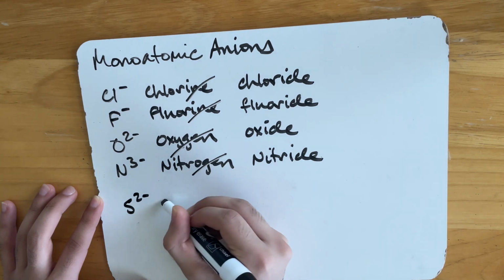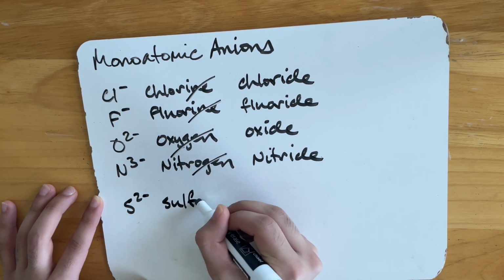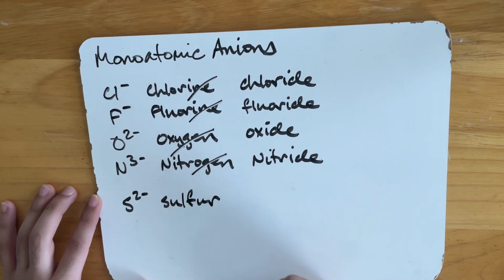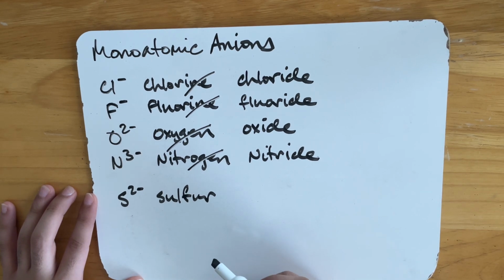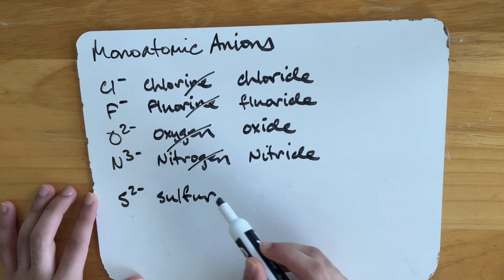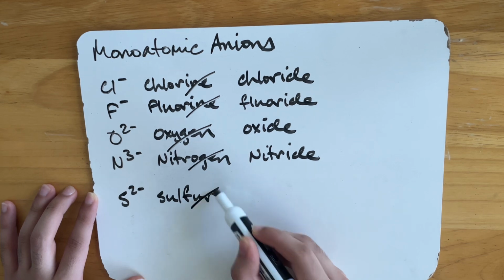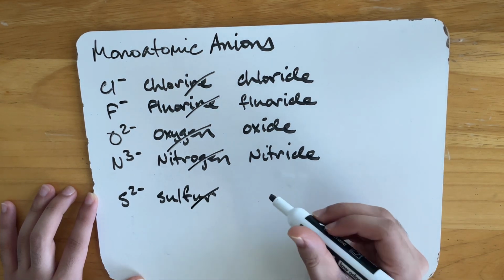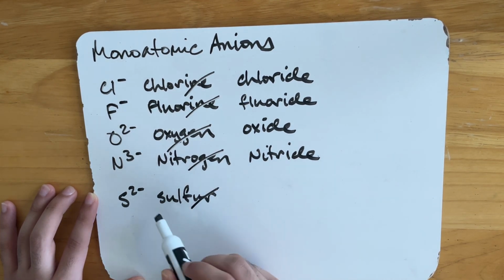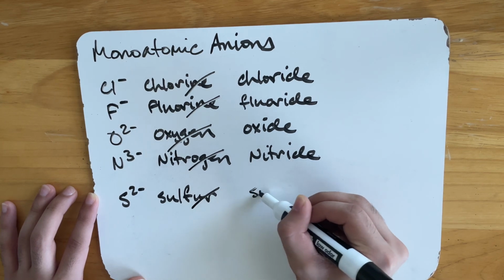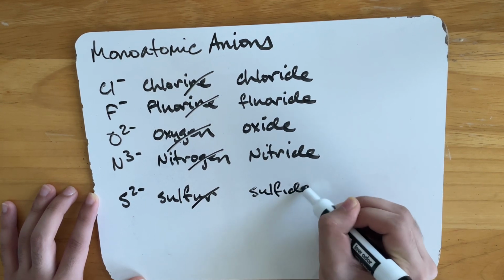We normally would write sulfur. The ending we take off isn't apparent from the element name, but it turns out the "ur" part is the ending that we wipe off. So we take the sulf part and add an "ide," so it becomes sulfide.